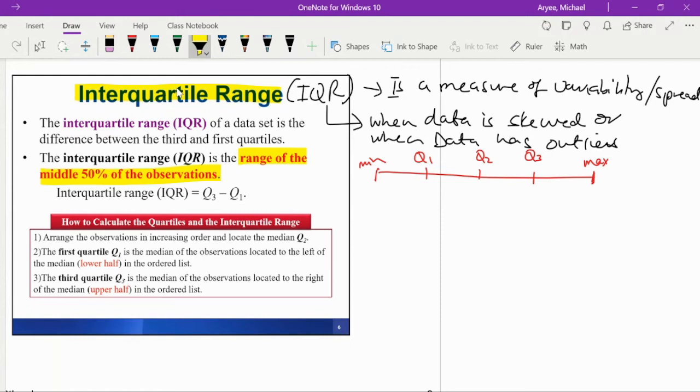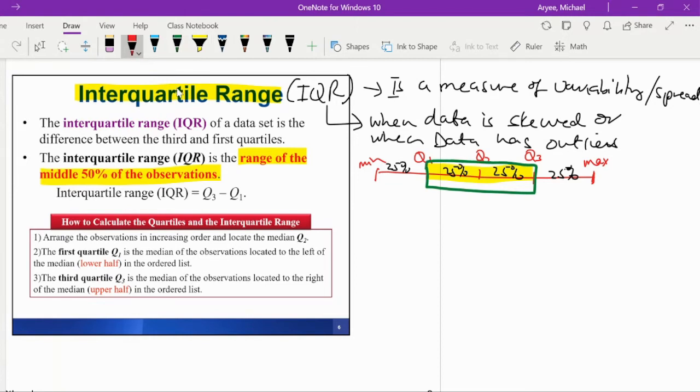Each one of these is 25%, because we break it into 4 equal parts, 4 quarters. When you change a dollar into quarters, you get only 4.